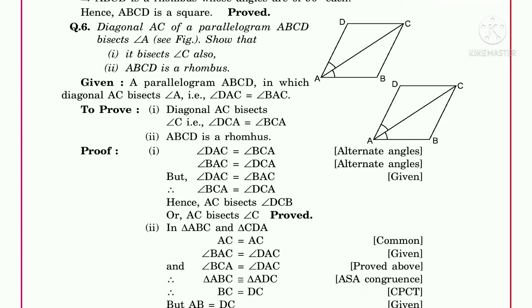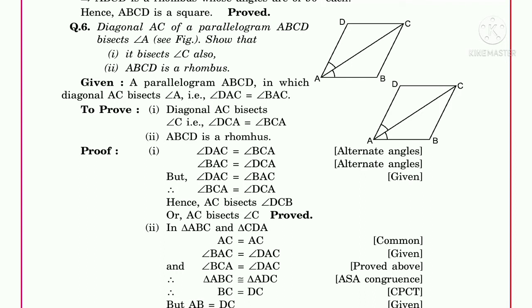Because ABCD is a parallelogram, obviously DC is parallel to AB, and AC we consider as a transversal.